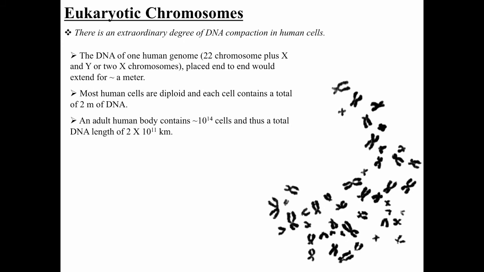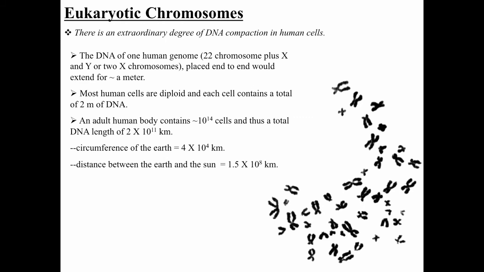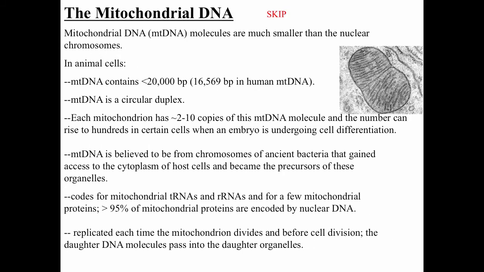And since each human body contains about 10 to the 14 cells, that's a total of DNA that's about 2 times 10 to the 11th kilometers in length. If we compare that to the circumference of the Earth, which is 4 times 10 to the 4th kilometers, or the distance of the Earth to the Sun, which is 1.5 times 10 to the 8th kilometers, then you can see that our bodies have a ton of DNA, and it's able to compact that DNA into the nucleus of the cell, which is quite amazing.